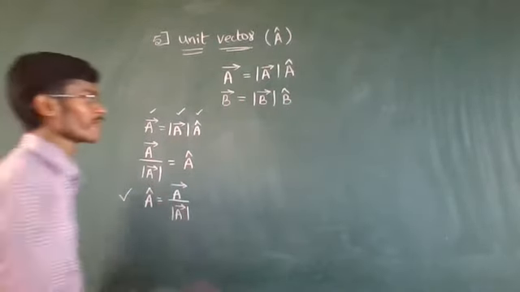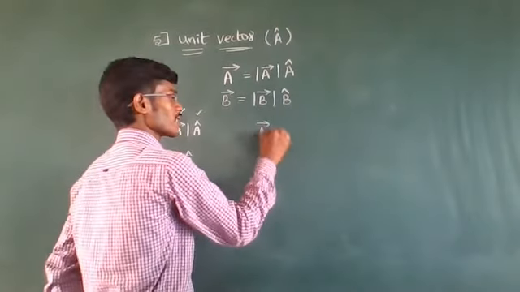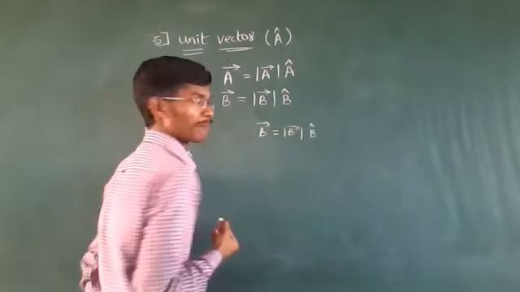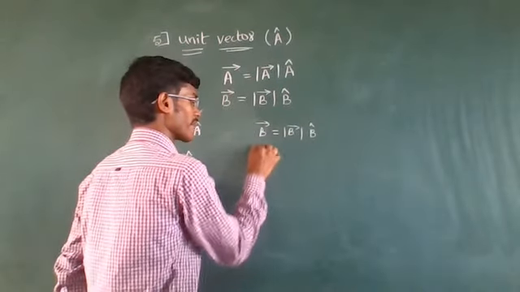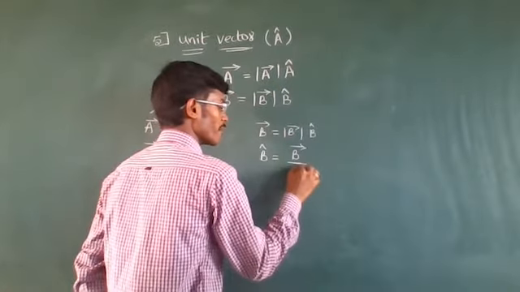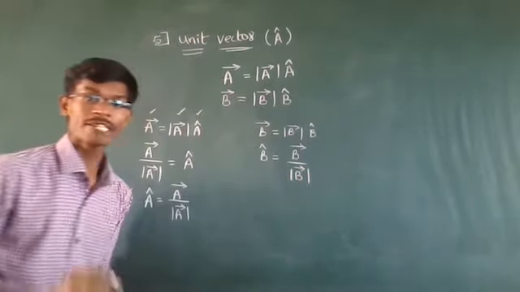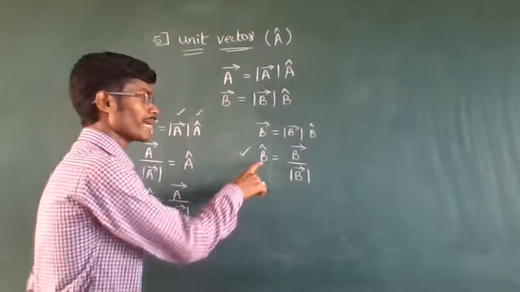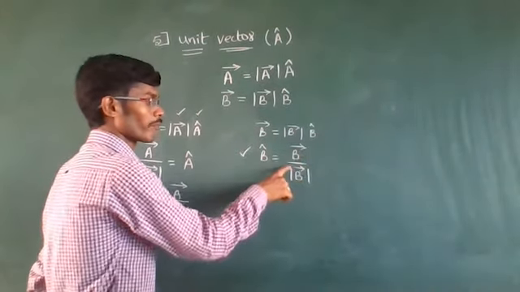The same way we write B bar is equal to modulus of B bar times B cap. Then B cap can be written as B bar by modulus of B bar. So the unit vector along B bar vector is given as B cap is equal to B bar by modulus of B bar.